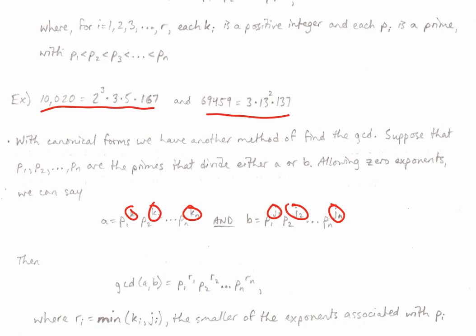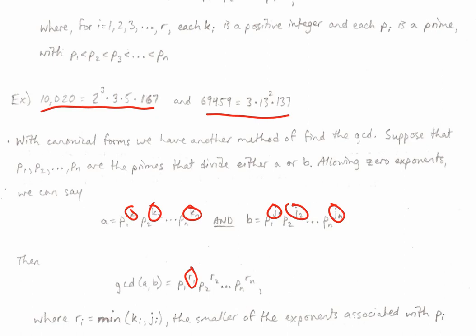Well, R sub I is the smaller of the exponents associated with that prime in the canonical forms of A and B. So R sub I is the minimum of K sub I and J sub I. So to figure out what R1 is, I would look at what K1 is and what J1 is. And I'd take the smaller of those two numbers, and that would be the exponent on this prime P1.